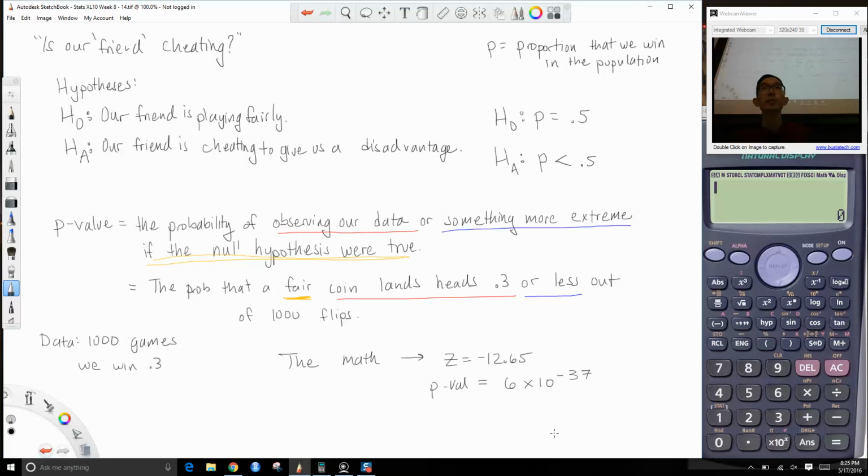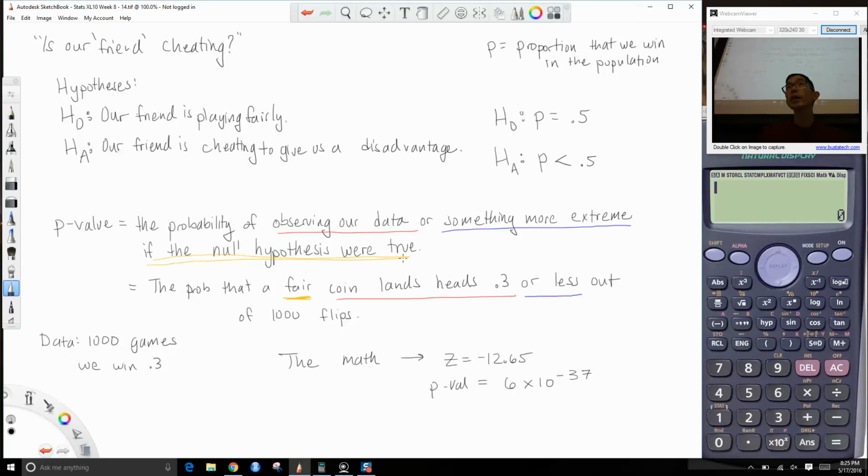Yes? So why is your alternative hypothesis not p is less than or equal to 0.3? Yeah, I have to defer back and say we're testing to see if it's either fair or if we're being disadvantaged, okay?